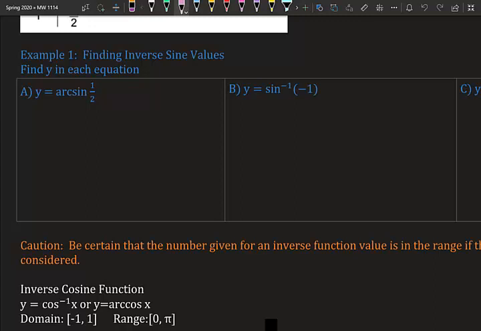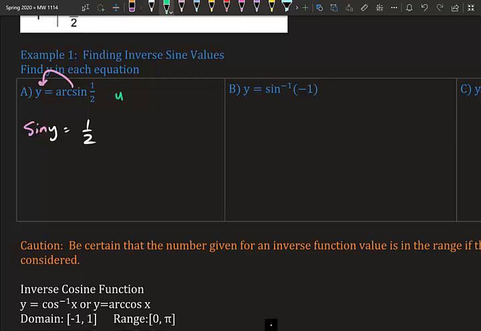So you kind of move it over. You don't divide it, but you move it over to the other side, and when you do, it just becomes sine. Because if you have inverse of sine on one side, if you move it to the other side, it gets rid of that inverse of sine. So we have sine y equals 1/2.